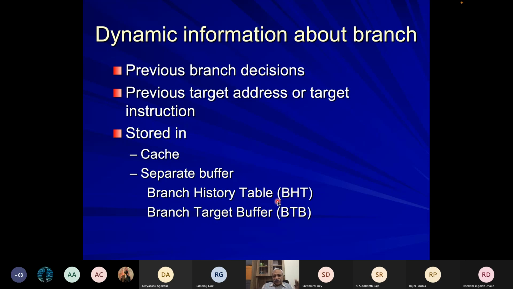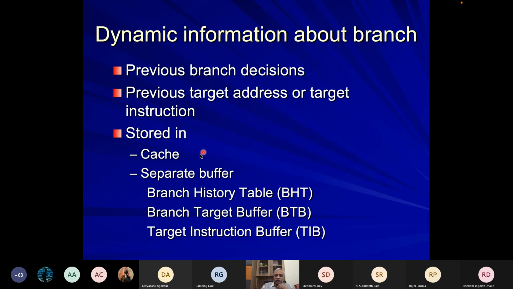If you are remembering target addresses, you call it a branch target buffer. These are typically the names assigned to these buffers. Or if you are remembering the instructions, you would call it a target instruction buffer. So these are additional pieces of hardware, and there is a cost to implement dynamic branch prediction in terms of these things and associated logic.